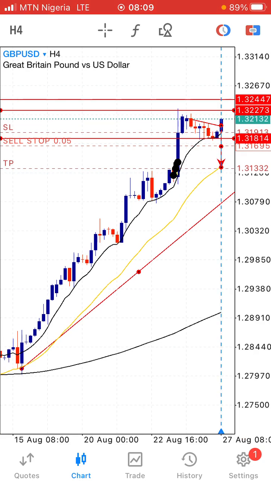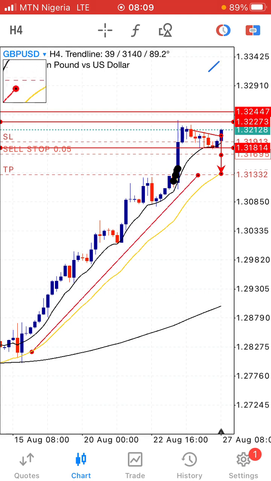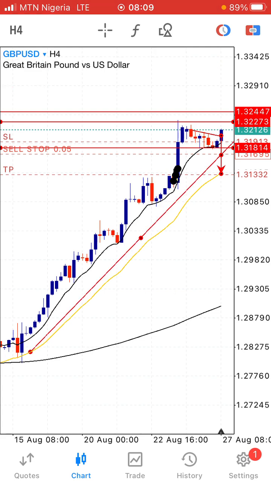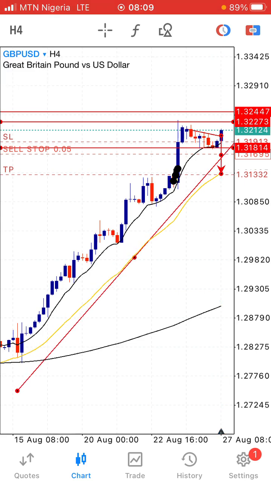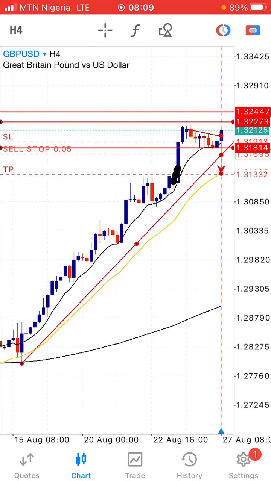So let me adjust my chart. Let me bring in another one. Sorry, just a minute. Imagine how many pips you would have picked, drawing the trend line from here. Just imagine how many pips you would have picked.